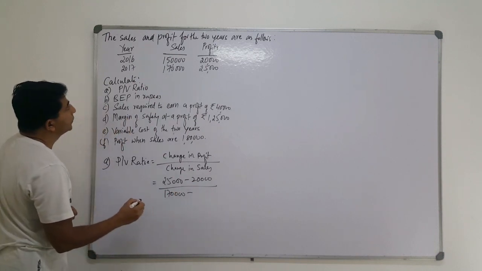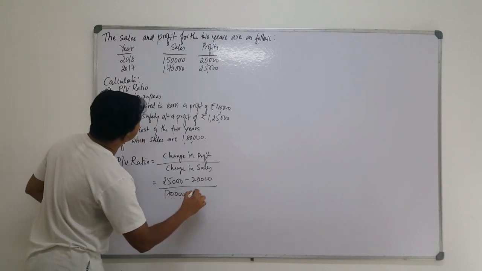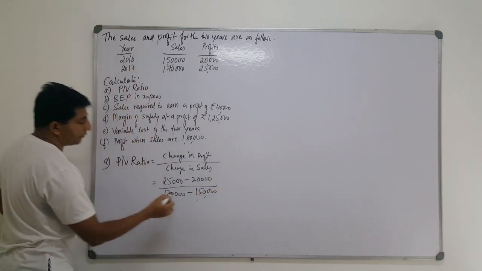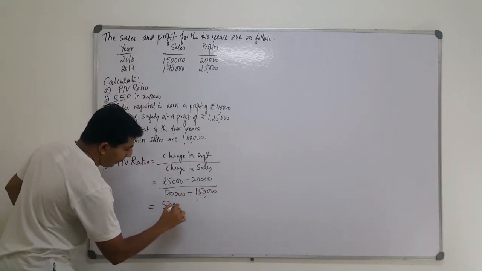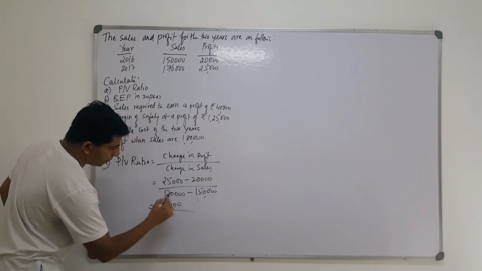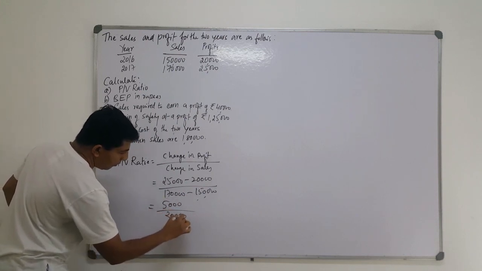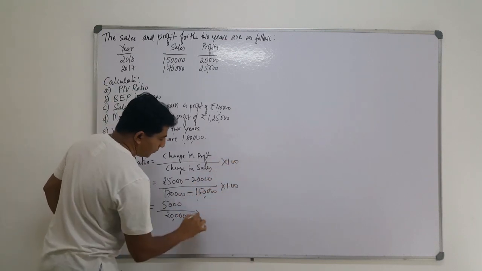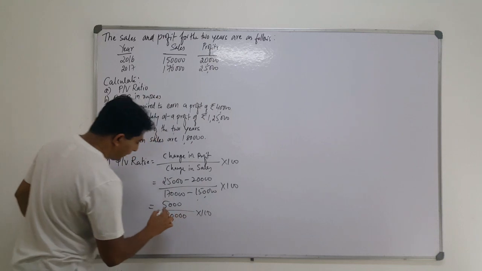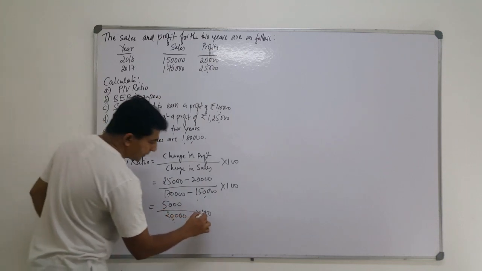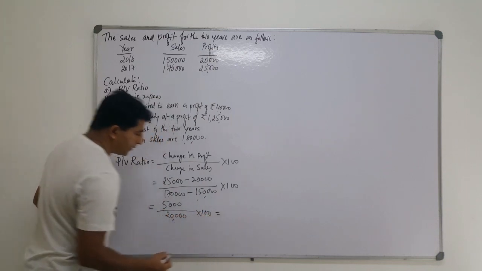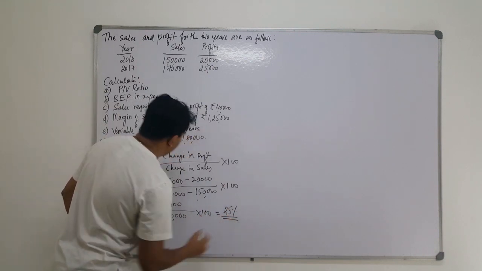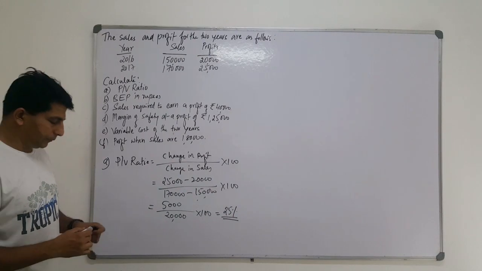Sales of 2017 is 1,70,000, 2016 1,50,000. 5,000 divided by 20,000. If you multiply the answer with 100%, you will get the answer in percentage. 25% is the PV ratio.